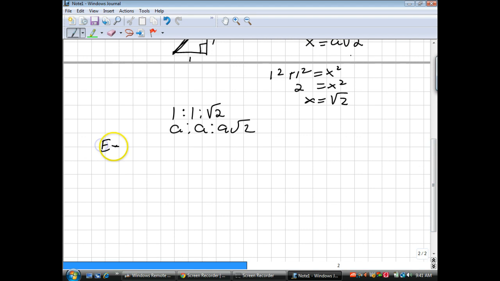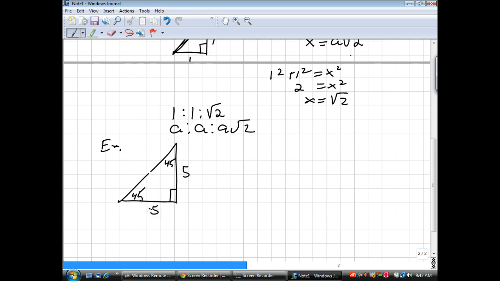Example. If I have a 45-45-90 right triangle, I want to find the length of the hypotenuse, and I know that the leg is 5.